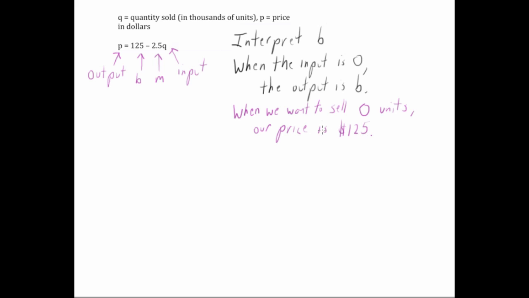Again, I'm using measurements here, so I want to say P is measured in dollars. If you want to think of this from an econ point of view, what we're saying is, if we want to make sure we don't sell anything, we raise our price all the way to $125. That'll make sure nobody buys.